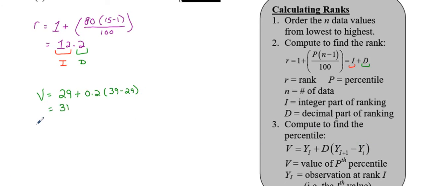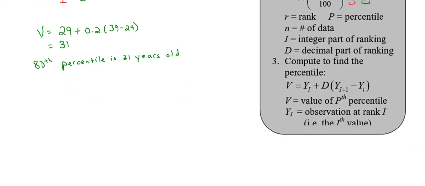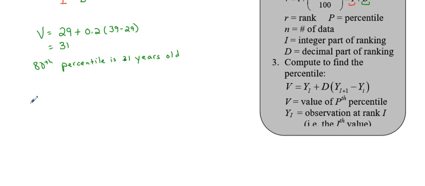So the 80th percentile is 31, and that's years old. Okay, so what does this mean?